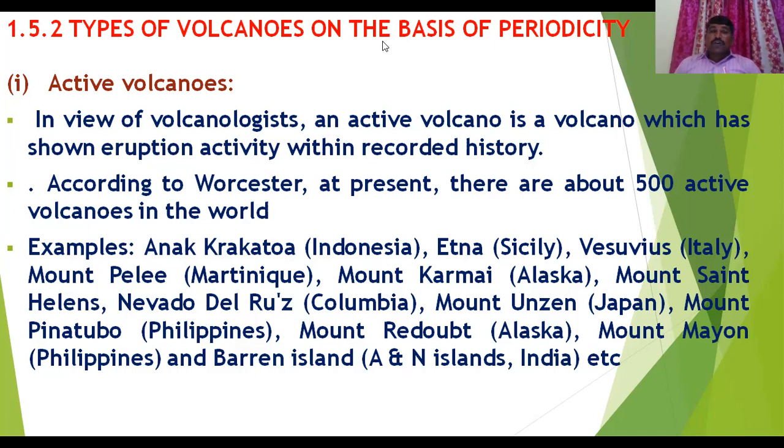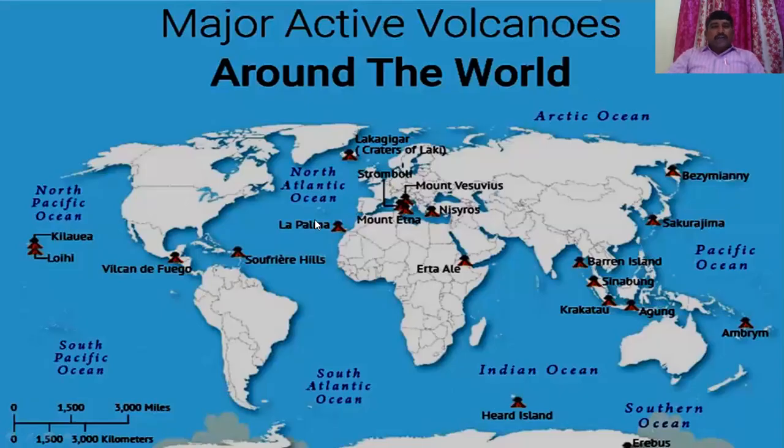Besides, active volcanoes are found in Alaska, Aleutian Islands, Kamchatka, the Kuril Islands, Japan, Taiwan, Philippines, and the other groups of islands. The figure on the screen discloses the major active volcanoes across the world.